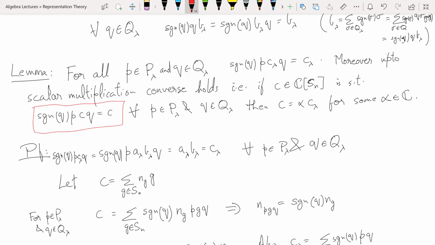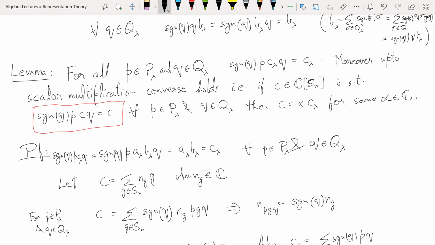And C is a linear combination of the group elements g, with coefficients n_g, which are some complex numbers. That is how C belonging to CSn looks. Now if we use this identity, that tells you that C is the sum of sign of Q times n_g times PgQ.